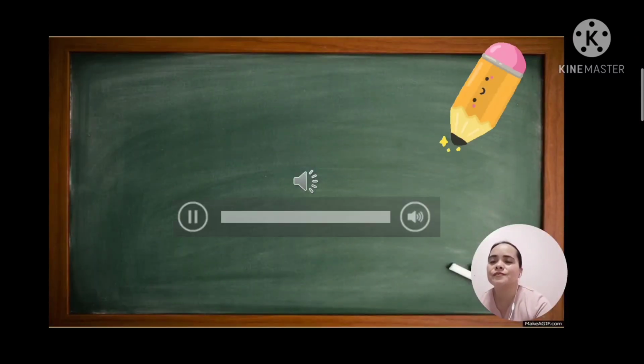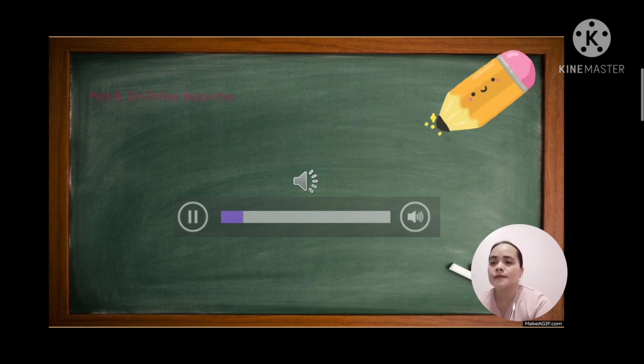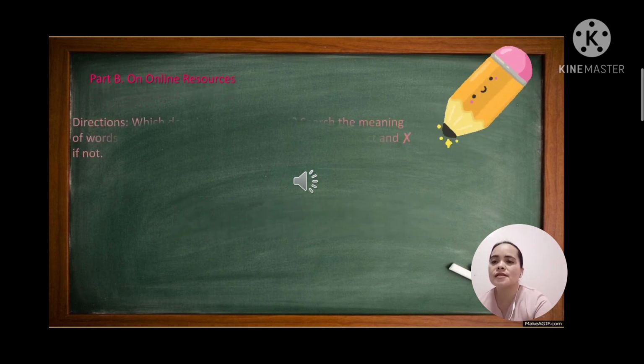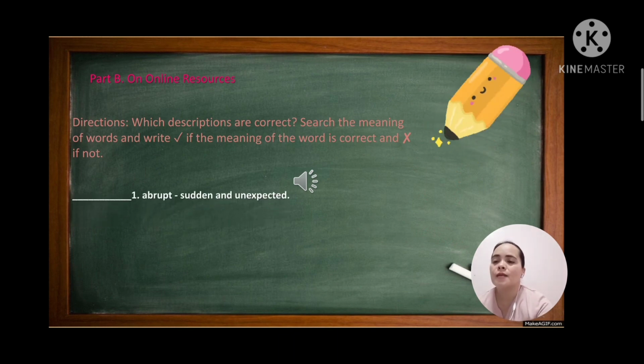Okay, good job, class. Now let's proceed to the next. On online resources, which descriptions are correct? Search the meaning of words, right? Check if the meaning of the word is correct and X if it's not. Okay, number 1, abrupt, sudden and unexpected.